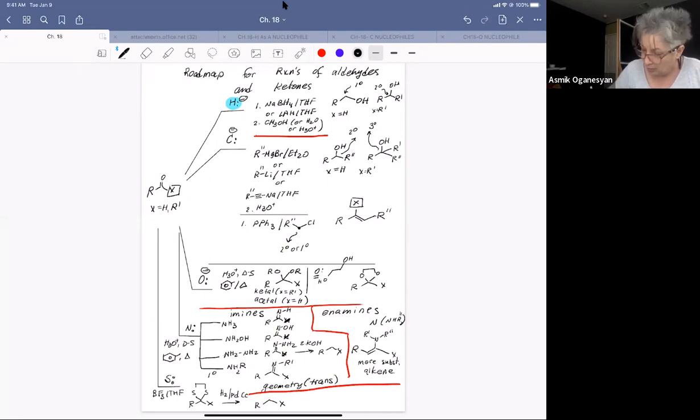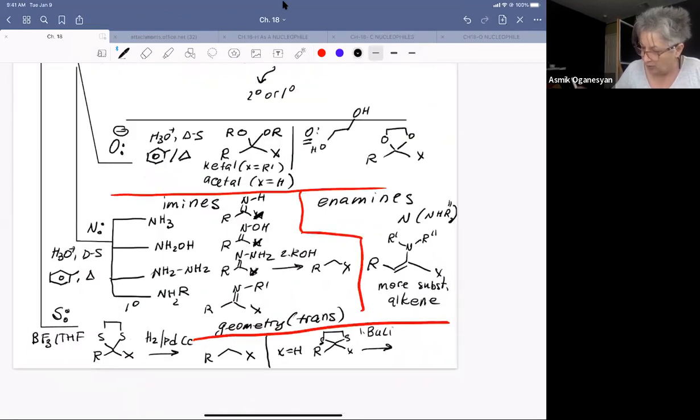Okay, and for compounds where X is hydrogen, let me continue with that. Special case, when X is hydrogen, then you can run the reaction all the way to formation of a ketone. Let me zoom in so you will be able to see it.